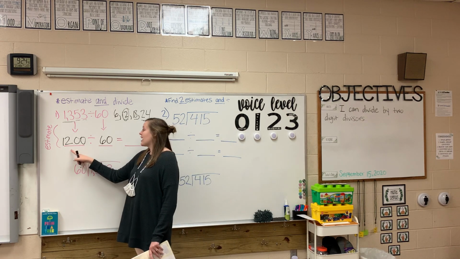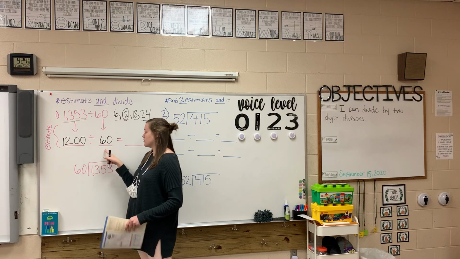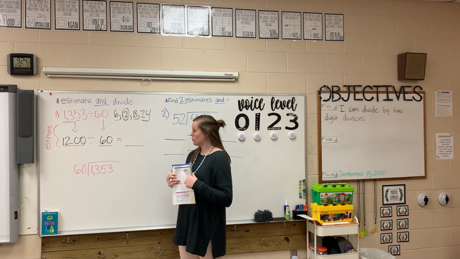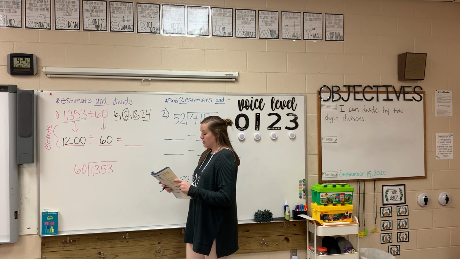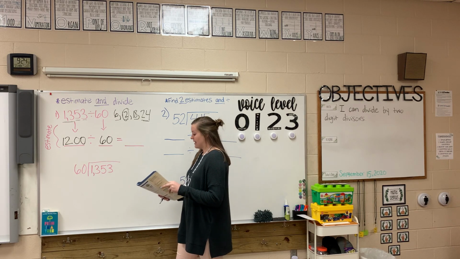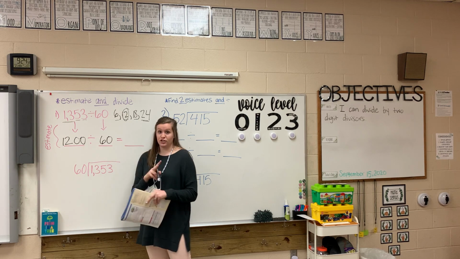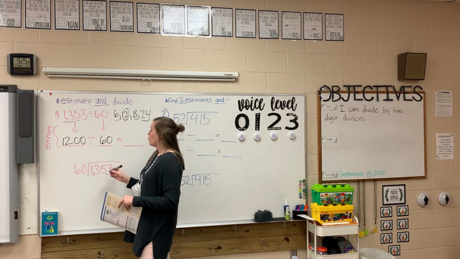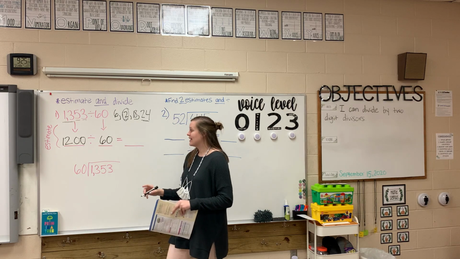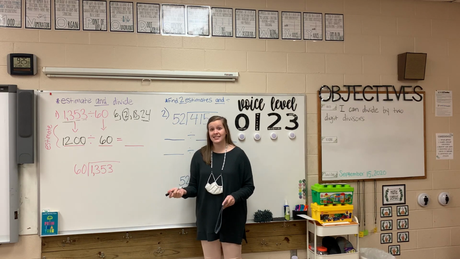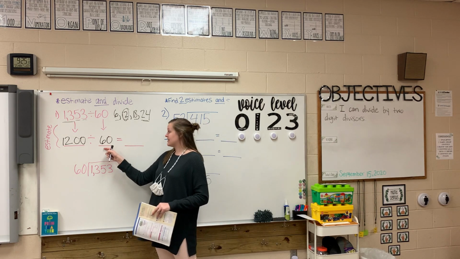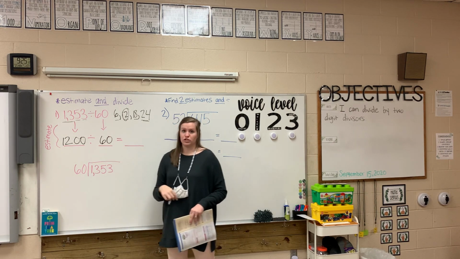So what is 1,200 divided by 60? Well, if you think 12 divided by 6 is 2, right? 6 times 2 is 12. And 120 divided by 60 is still 2 because 60 times 2 is 120.